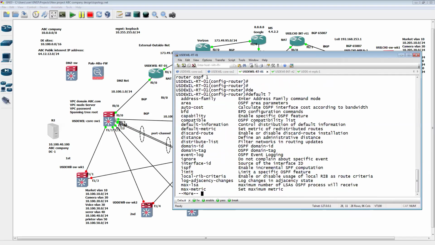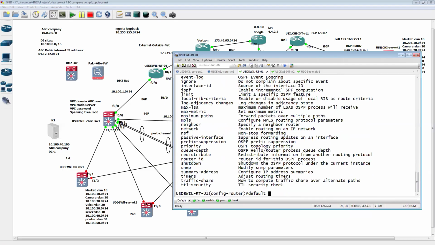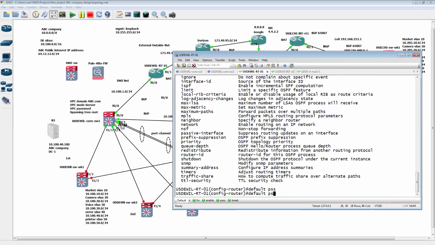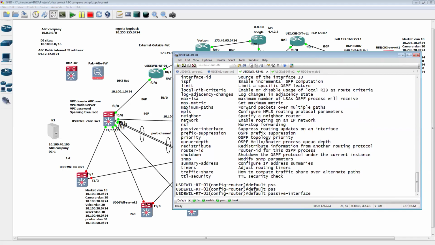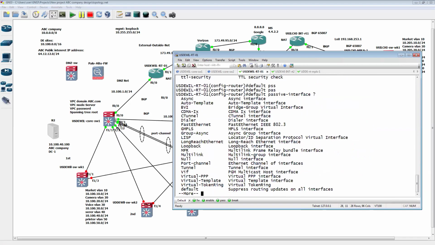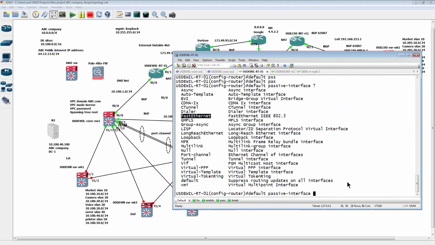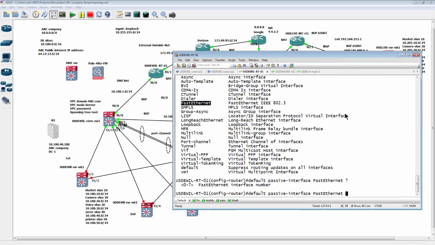Put the question mark again. In this case now we want to pick only one interface. Okay, we want to pick one interface, passive interface default in here. So put the question mark again. Now, you see, now we have an option. We have to select this option. Beautiful. And then what is the ID?